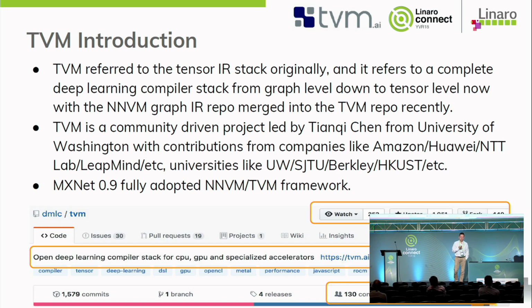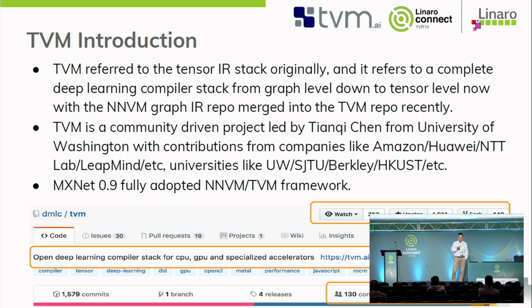MXNet version 0.9 fully adopted the NNVM TVM framework, and we can see how it is used in the MXNet source tree. As a community project, TVM is well received by the community.